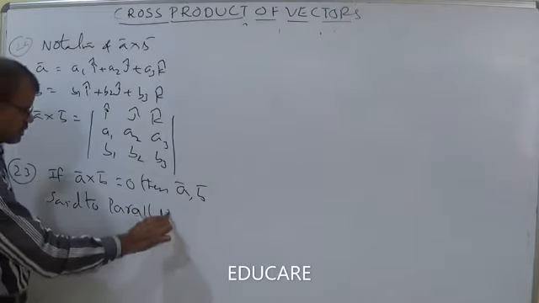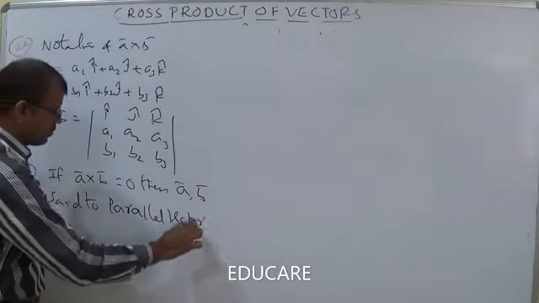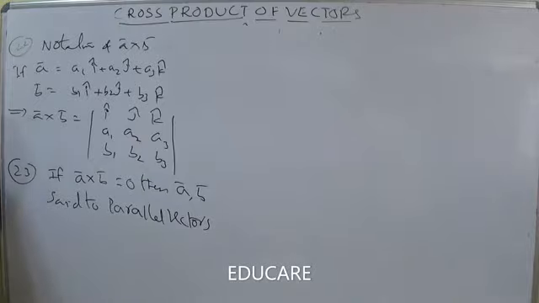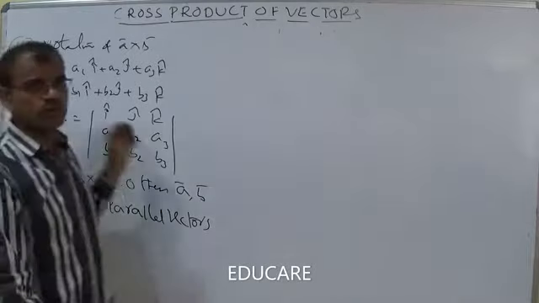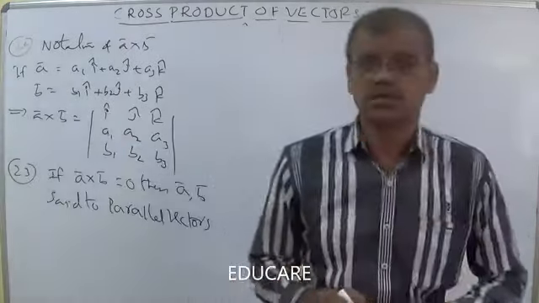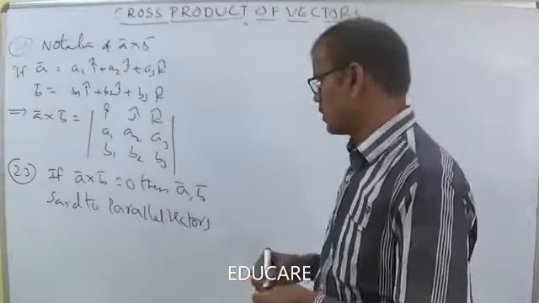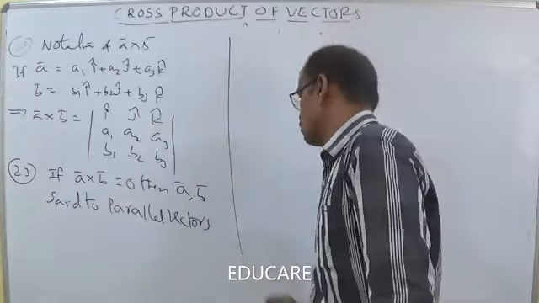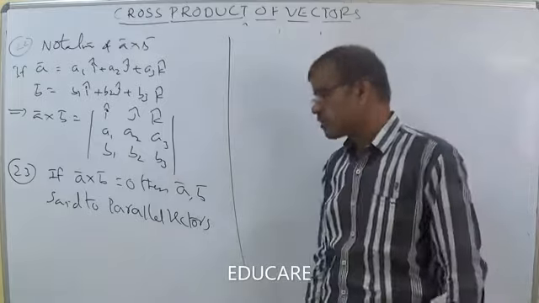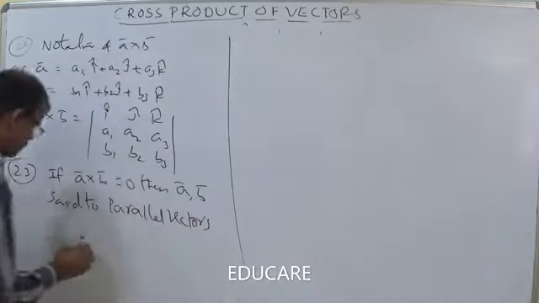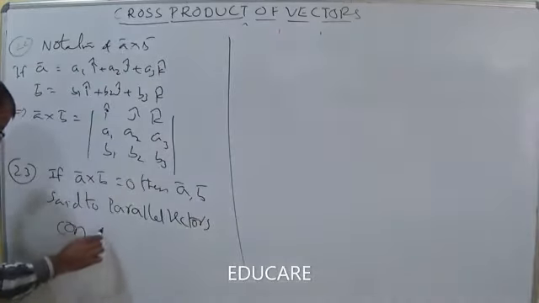The difference between A bar dot B bar and A bar cross B bar is, if A bar dot B bar is equal to 0, the two vectors are said to be perpendicular vectors. If A bar cross B bar is 0, then the two vectors are said to be parallel vectors, or collinear.